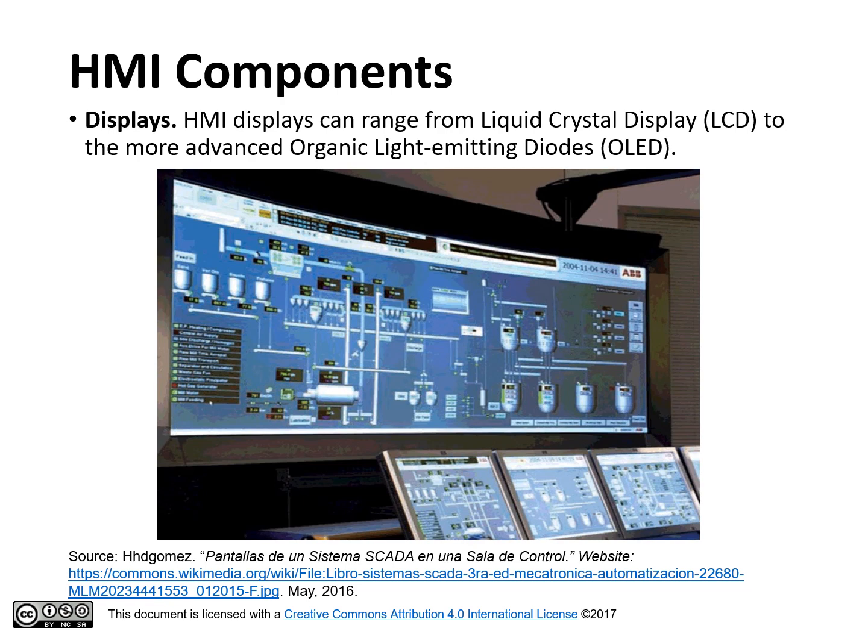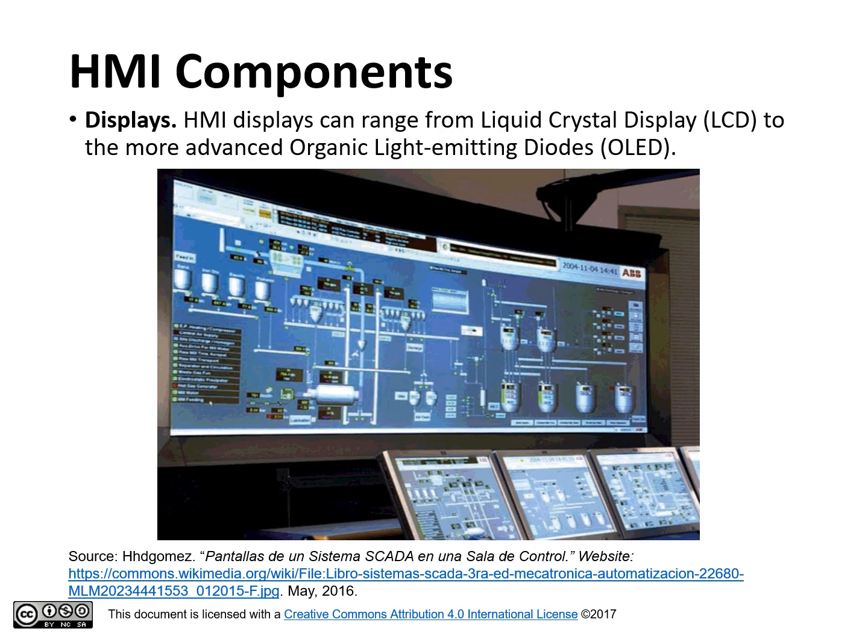An HMI is made up of components that facilitate the interaction of the human operators with hardware components for control and monitoring purposes. The following discussions briefly describe the basic HMI components. Displays.